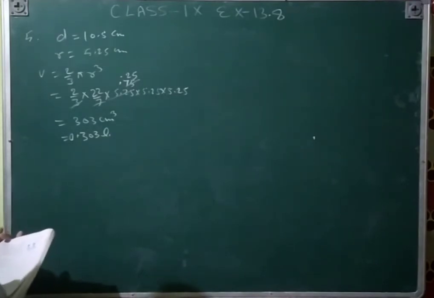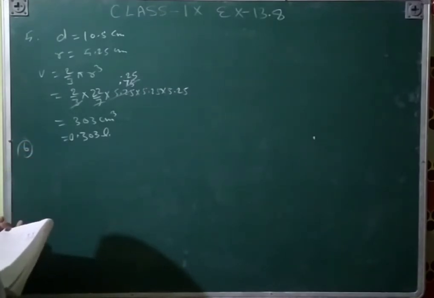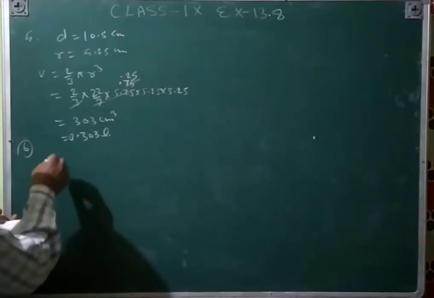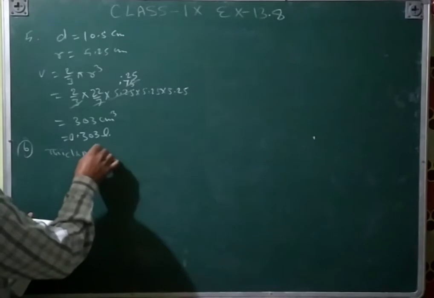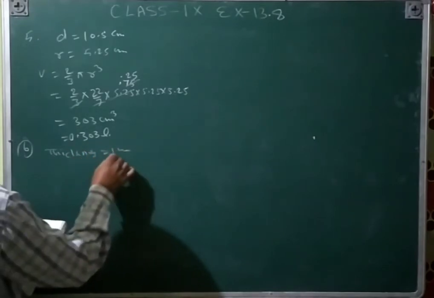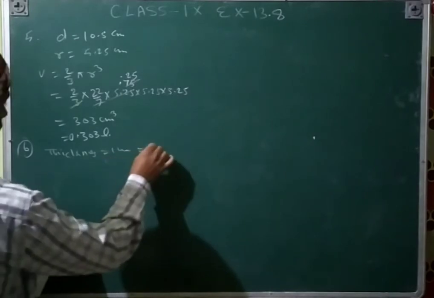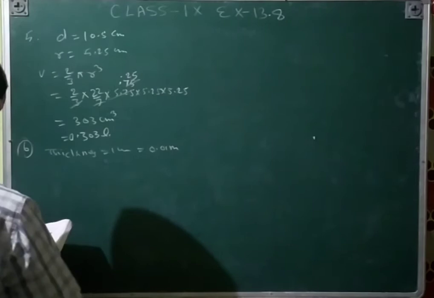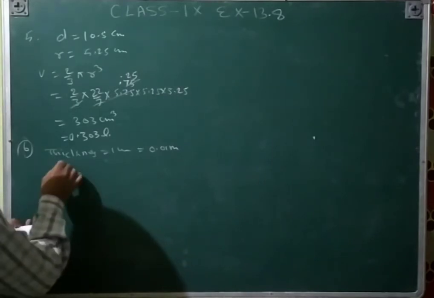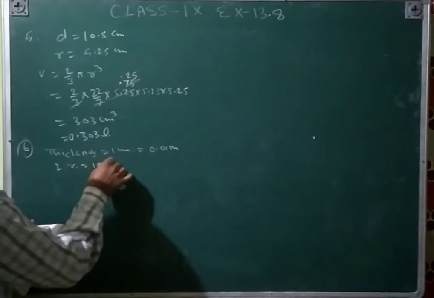Now question number 6. A hemispherical tank made up of iron, thickness is 1 centimeter. So thickness is equal to 1 centimeter is equal to 0.01 meter, and then inner radius is 1 meter.